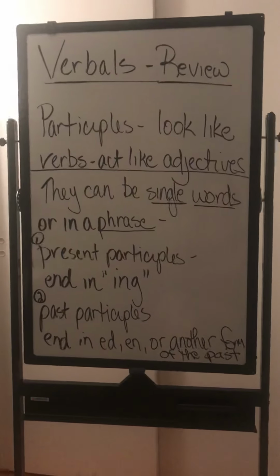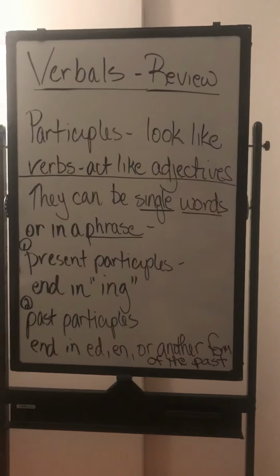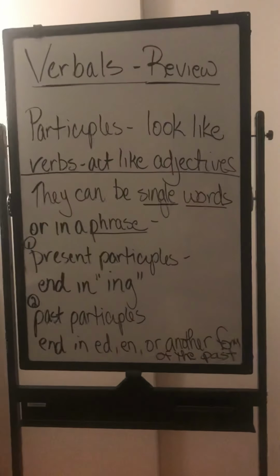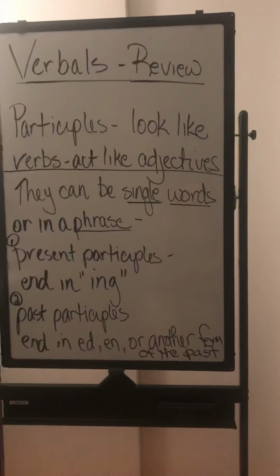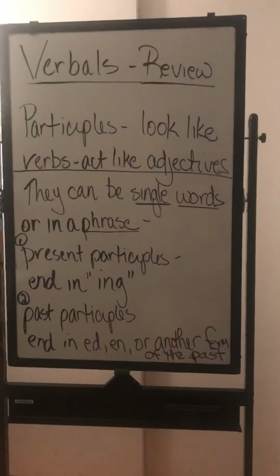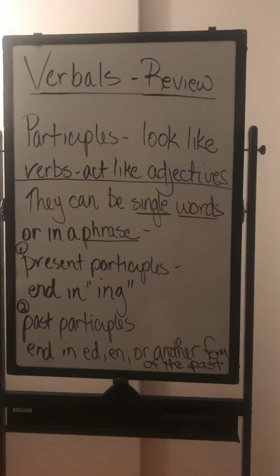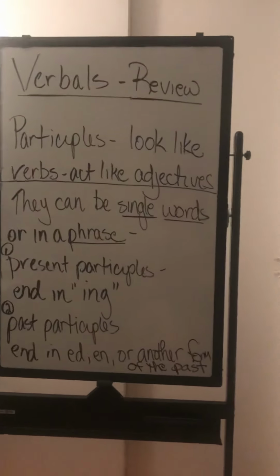Now, if you wanted to use them in the past form, you would say something like frightened child. It's a past form of the word to frighten, but it's not being used as a verb. It's being used to describe the child, a frightened child.